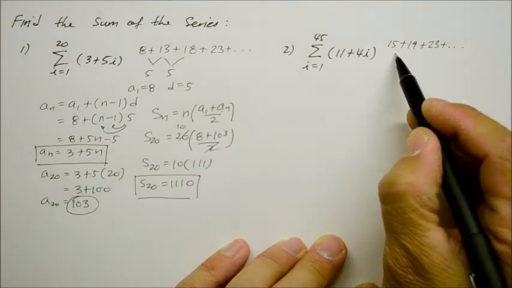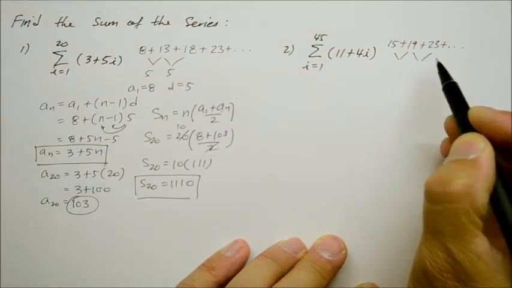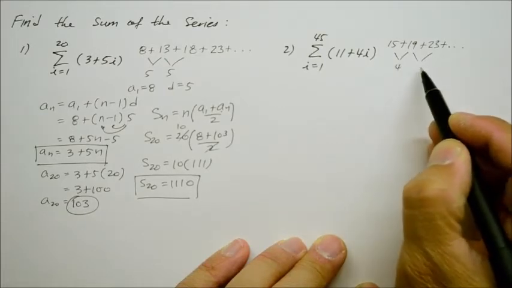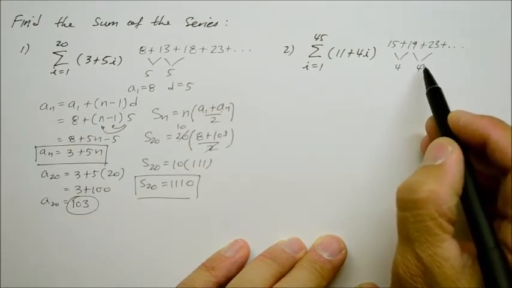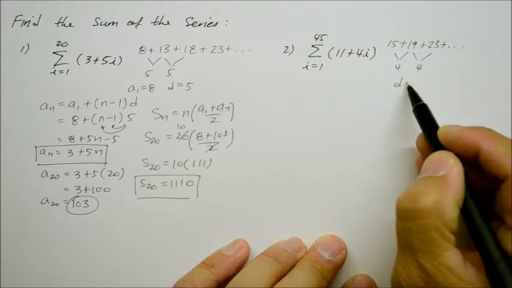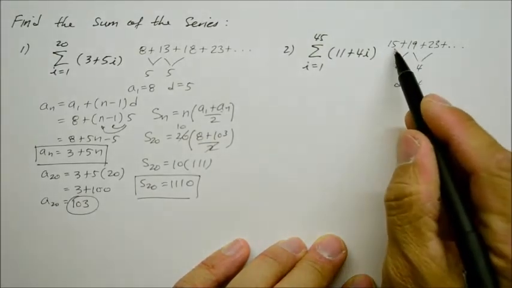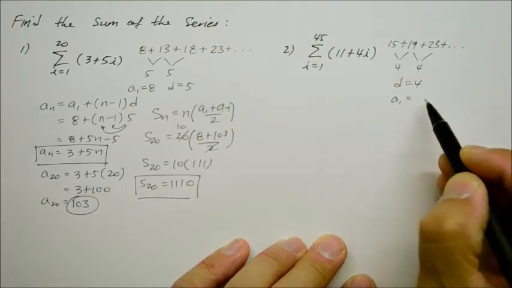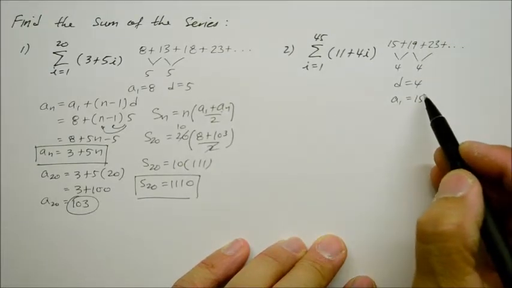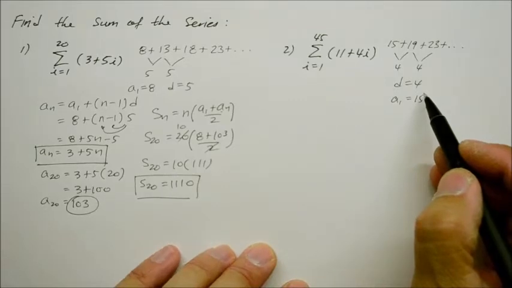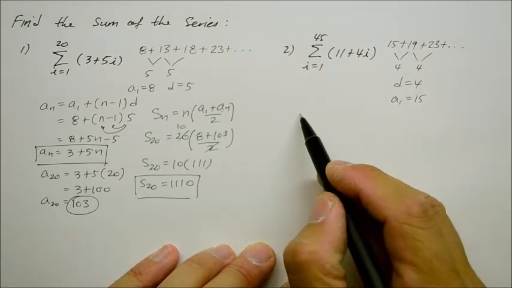So are the differences common? Are they constant? Yes, they are. So they are, in fact, recognized as an arithmetic series. So the common difference is 4, and the initial number is going to be 15. So we have enough information to draw up a general rule.